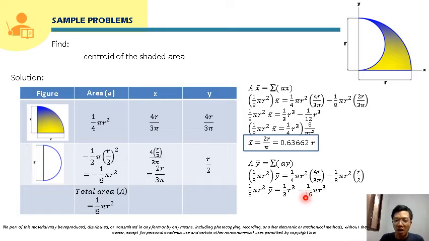Combining this, we have 1/3 r cubed minus 1 over 16 pi r cubed, which is 0.13698 r cubed. Solving for y bar, we divide both sides by the total area, so y bar is 0.34882r. So these are now the answers for x bar and y bar.